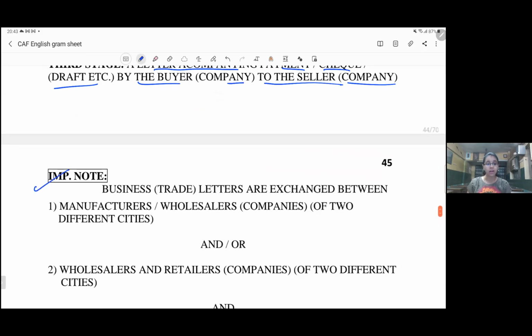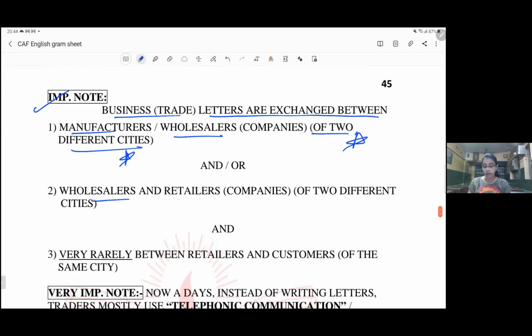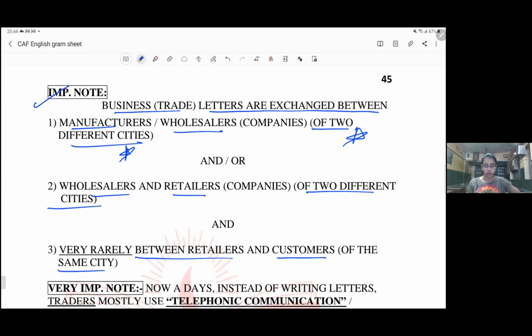Important notes that you all have to follow. Business trade letters are exchanged between manufacturer, wholesaler company of two different cities, or wholesalers and retailers of two different cities. Very rarely between retailers and customers of the same city. If they are next to each other, why send a letter?